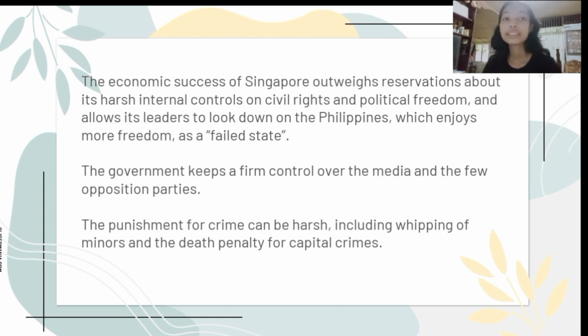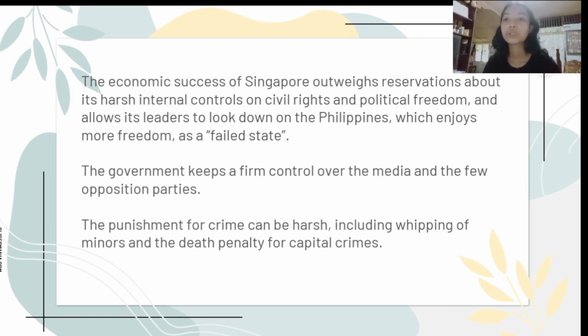We can see here that Singapore and the Philippines are being compared. Singapore is more strict and controls the civil rights and political freedom of its people. Meanwhile, the Philippines displays more freedom, especially politically, where the citizens vote for their leader, and the Philippines enjoys more freedom than Singaporean people.